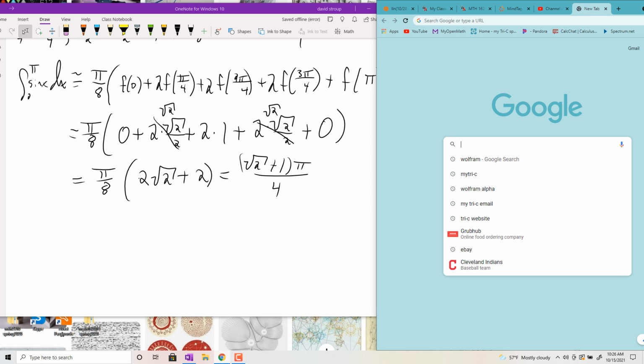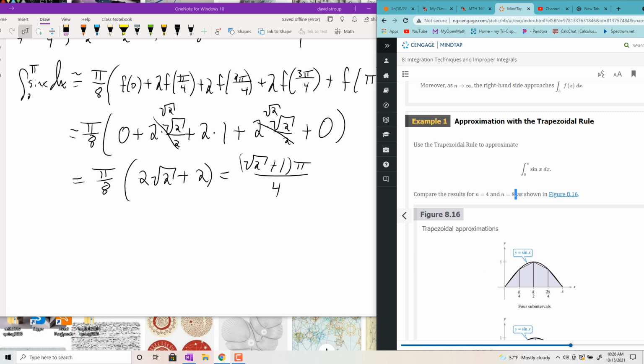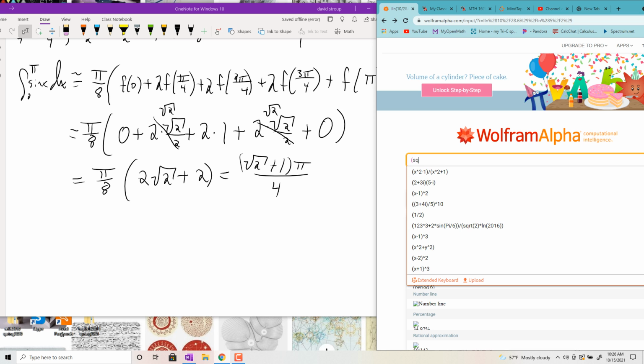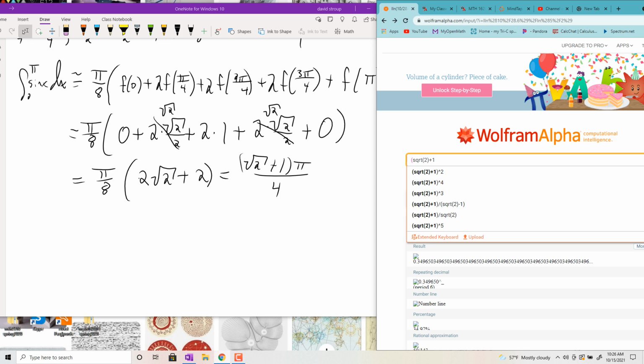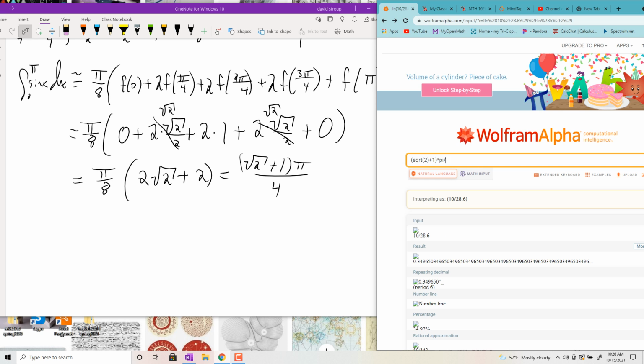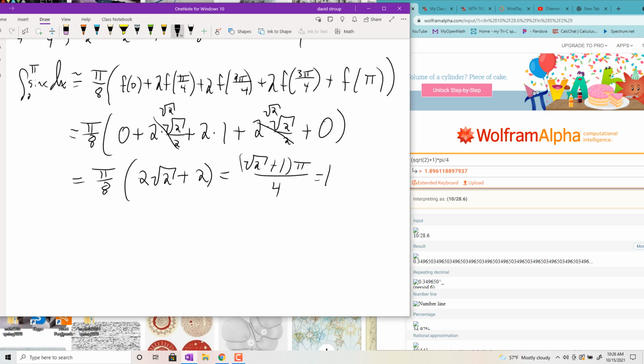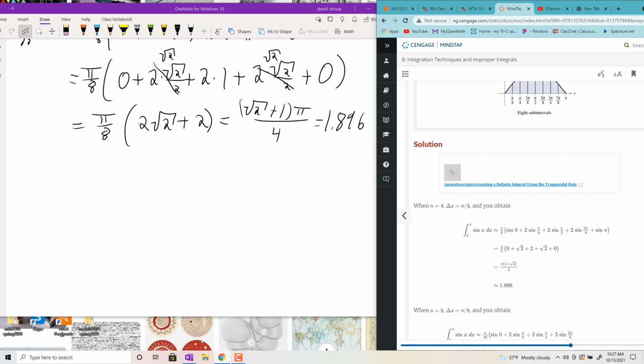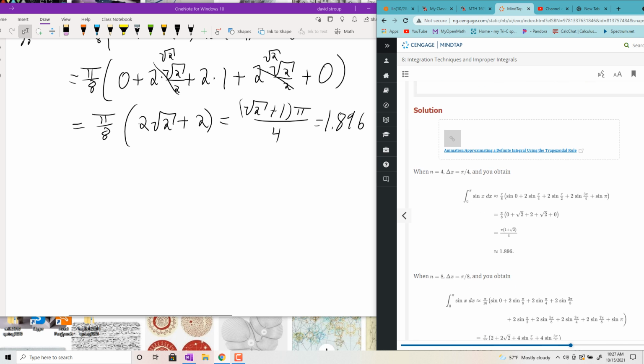This seems kind of silly, but let me use Wolfram. Root 2 plus 1 times pi over 4. That's about 1.896. The actual answer is 2, so it's close, right? It's relatively close. And of course, we get the same answers the book got.